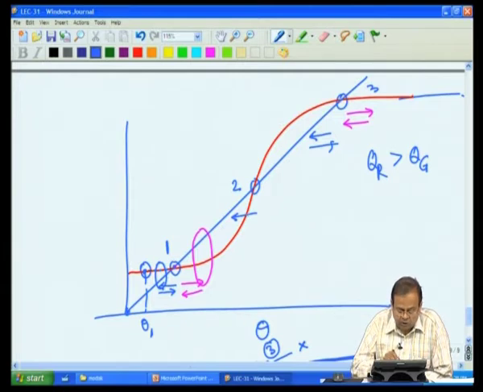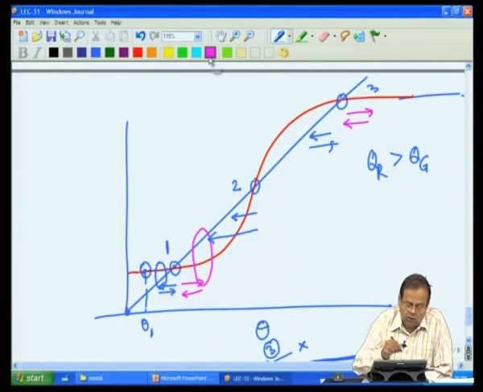When my temperature has gone down, my heat removal rate is in excess of heat generation rate. So, what it means is my temperature will go down even further. How long will it keep on going down? Till I come to this particular point, because here we saw that if we decrease the temperature, it will try to increase it once again.